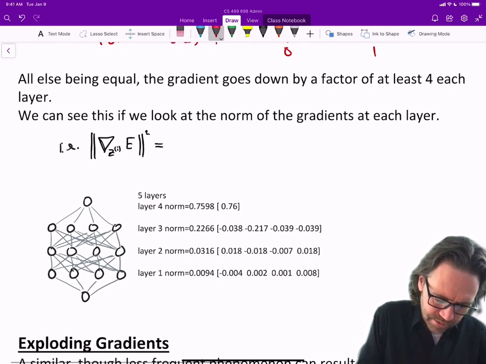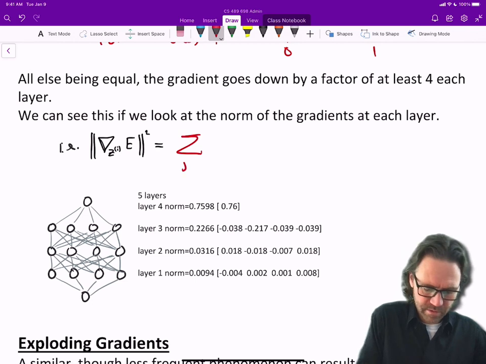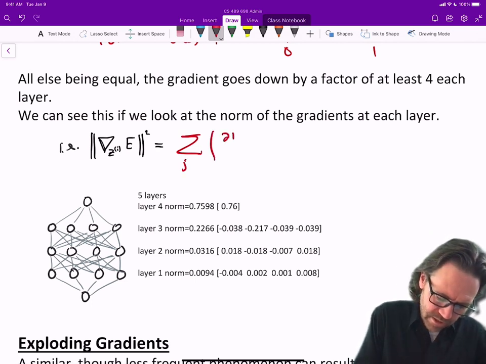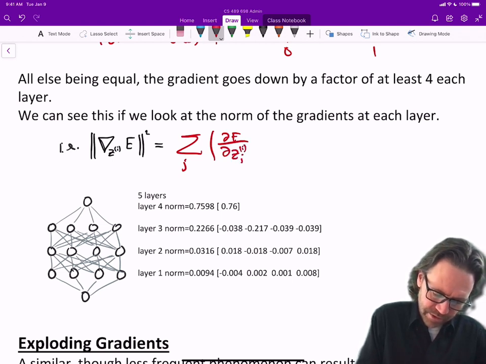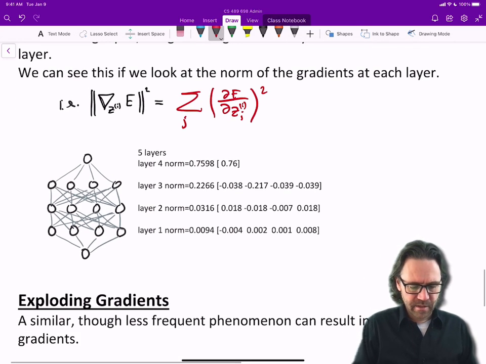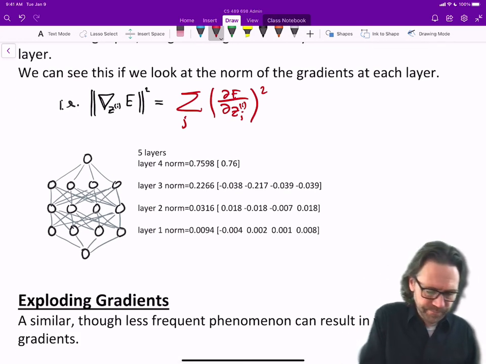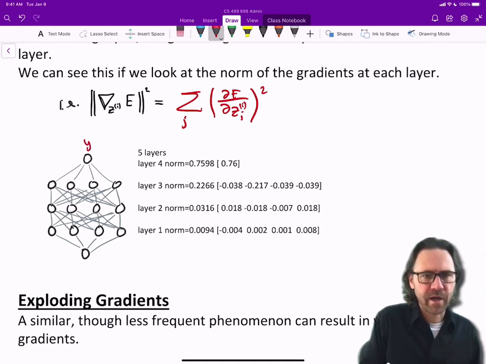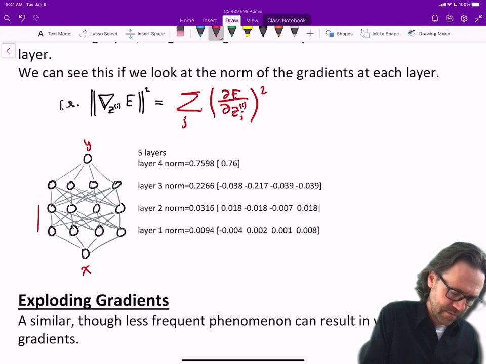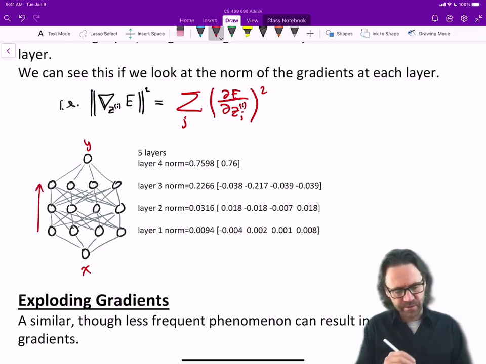So this is just adding up over the different gradients, dE by dZ, layer i, element j, squared. Just square them and add them up. So for this particular example, I've got output Y and input X, and then we're feeding up through the layers here.